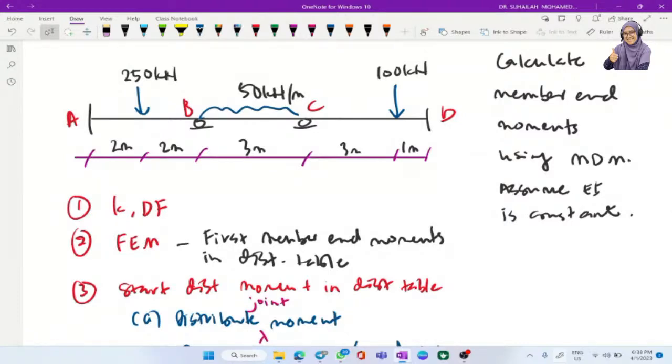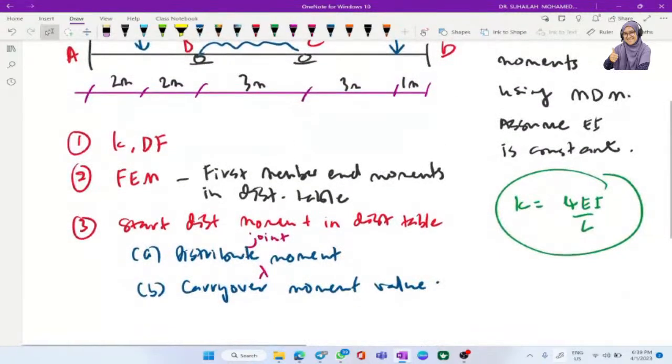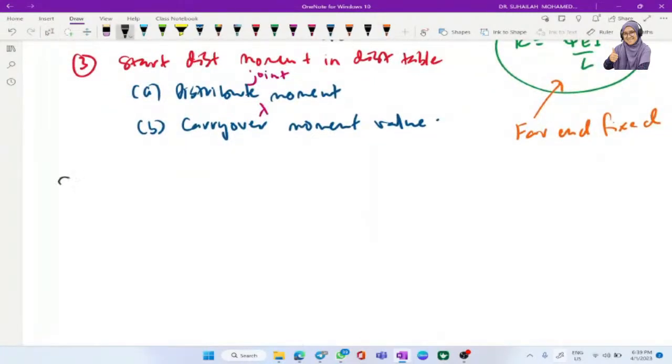EI constant, and the formula for K that will be used here, for AB, for BC, and for CD, is K equals 4EI over L, because for all members we can use the formula for far end fixed. That is for calculating K.